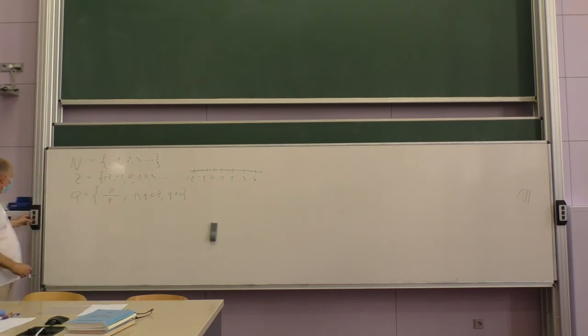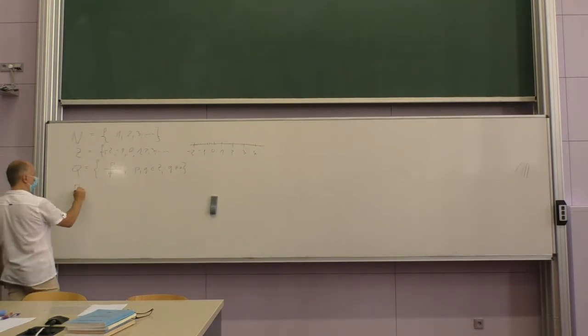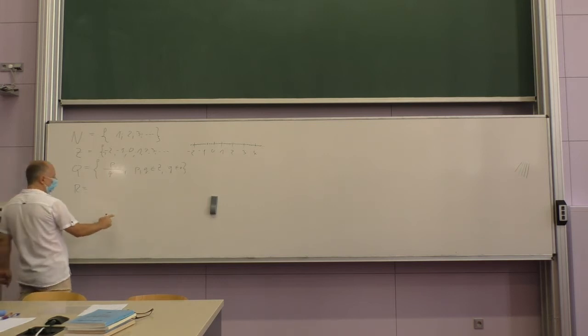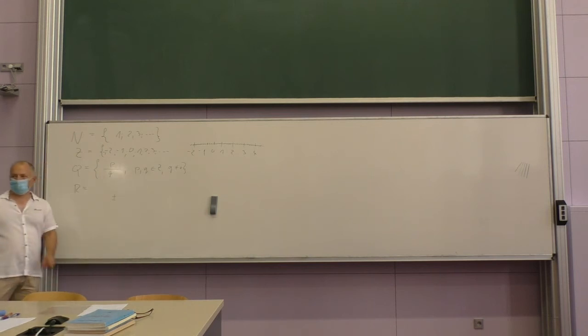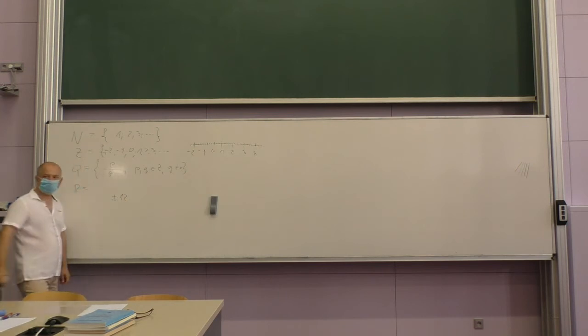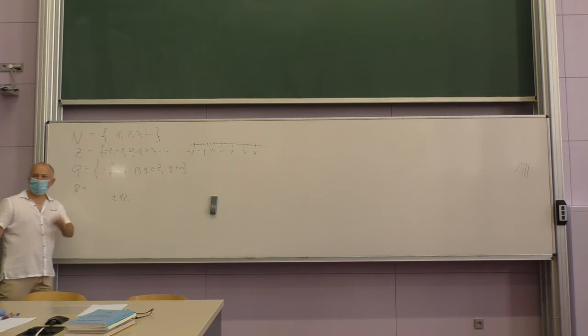To fill the line completely, we need real numbers, or reals. And this is the set of all the numbers that can be written as a possible sign, which may be plus or minus, some integer part, say 12, a decimal point. In English, it's really a point.